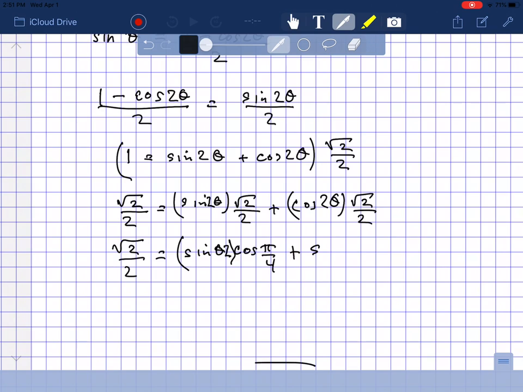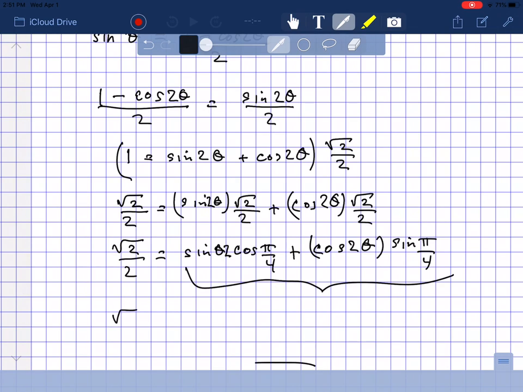So those terms are missing. That's what I didn't like. Okay. So then here I have cosine 2 theta, and then this is the sine of pi over 4.